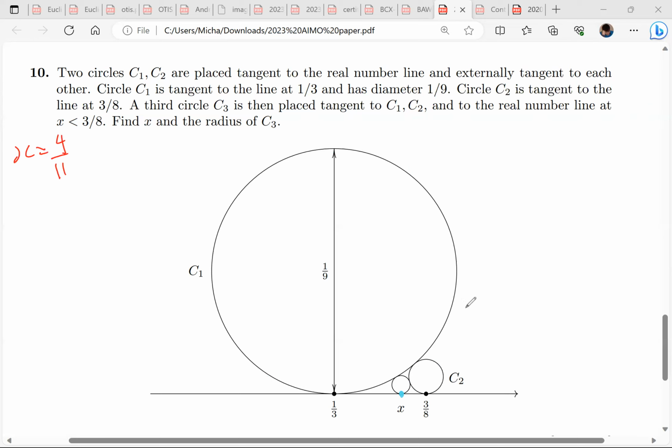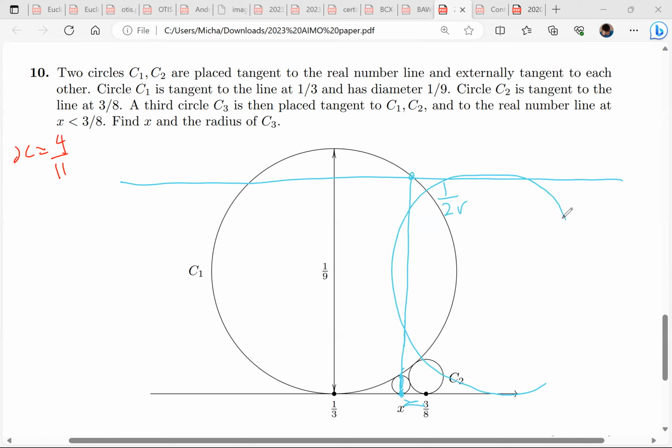Again, you get a parallel line for the x circle, and now the diameter is 2r, so this turns into 1 on 2r. Here this distance gets turned into a circle as tangent, and this other circle is another circle on this side.